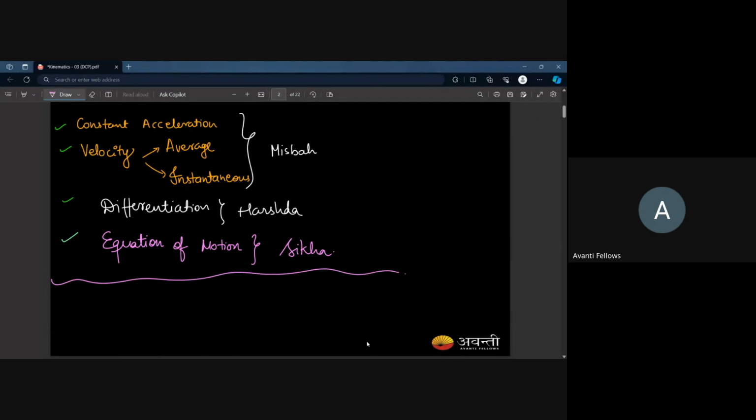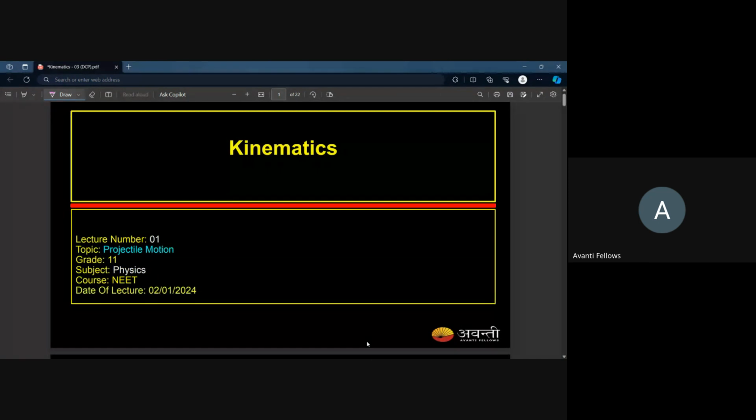In today's class, we will discuss projectile motion. Projectile motion is our topic for today's lecture. It's a very nice concept, and it will help you understand how two dimensions are independent of each other. We can study the dynamics of one dimension and then the dynamics of the other dimension independently.